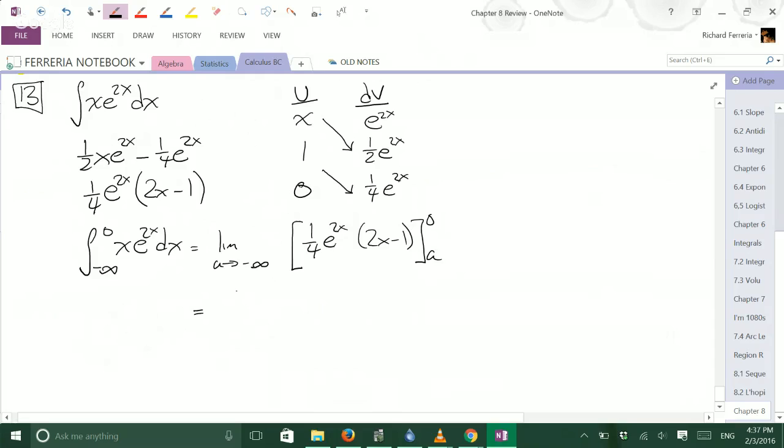So I think I get negative 1/4. Help me out if I got that wrong. No, you're good. Okay. Minus, now we have a limit. Limit as a approaches negative infinity. And boy, do I have a bad feeling about this. 1/4 e to the 2a, (2a minus 1).